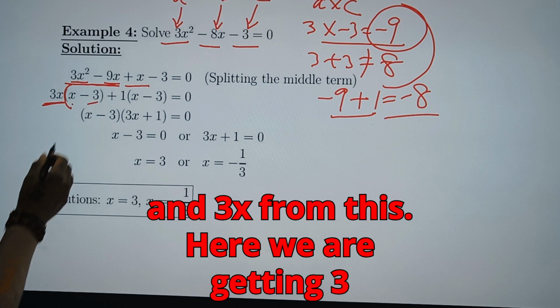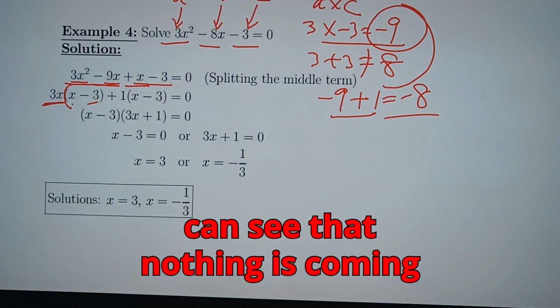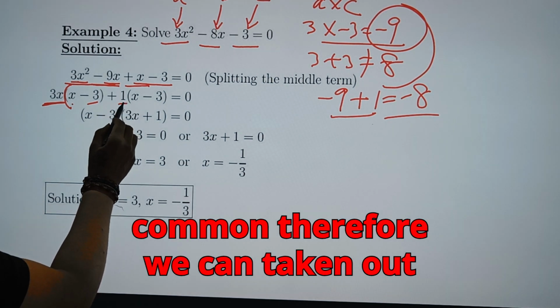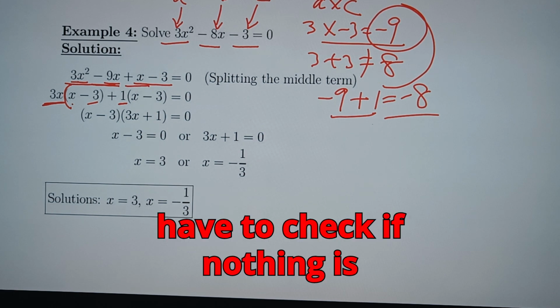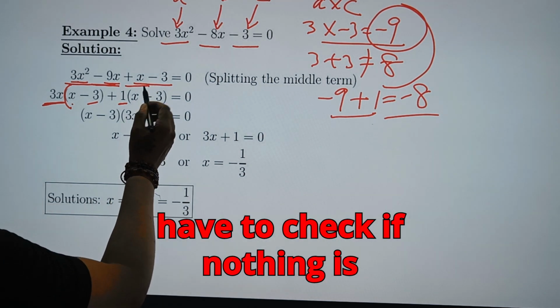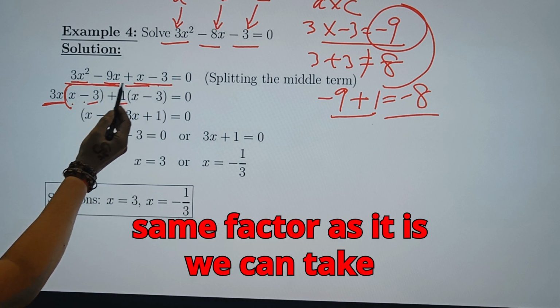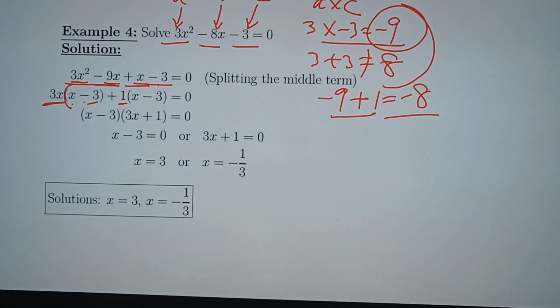Here we are getting 3 only. Similarly here we can see that nothing is coming common, therefore we can take out 1 here. So you have to check, if nothing is coming common and we are getting the same factor as it is, we can take out 1 from this.